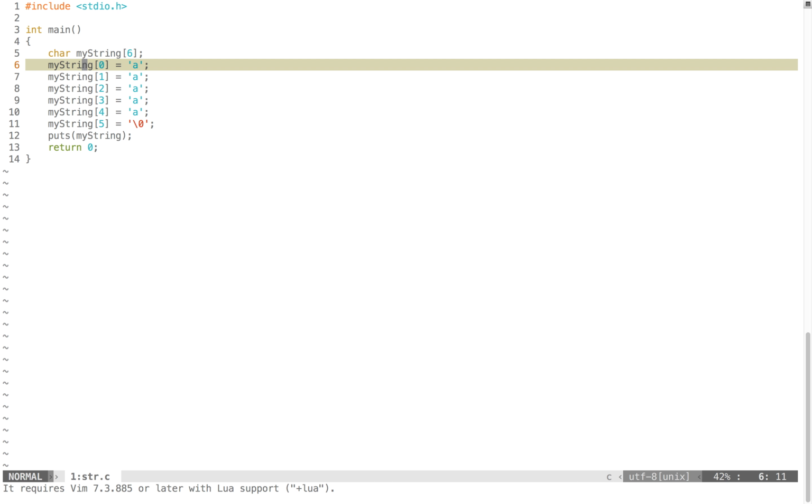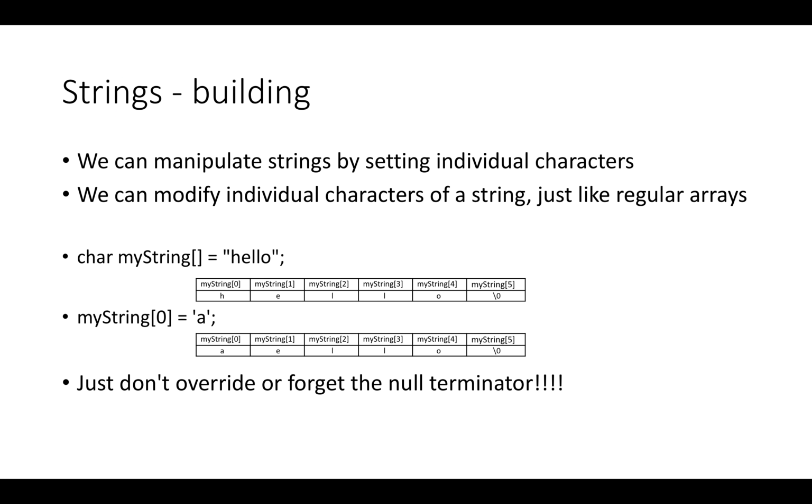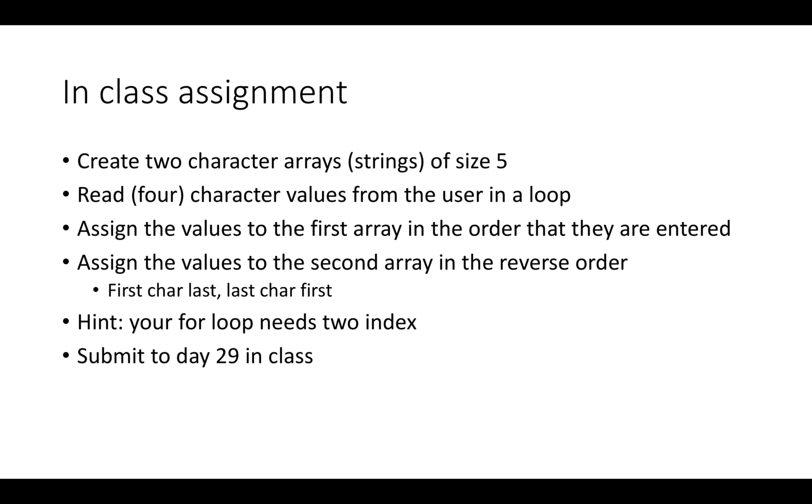All right, so for today, our in-class assignment is as follows. Create 2 character arrays or strings of size 5. Read in 4 character values from the user in a loop. Assign the values to the first array in the order that they are entered.